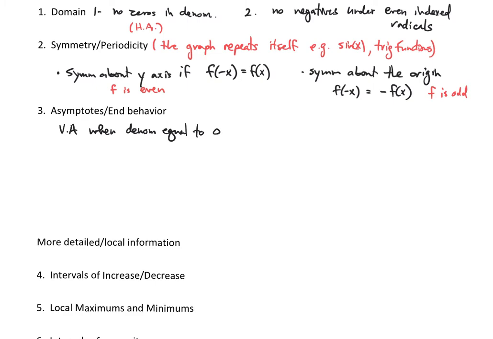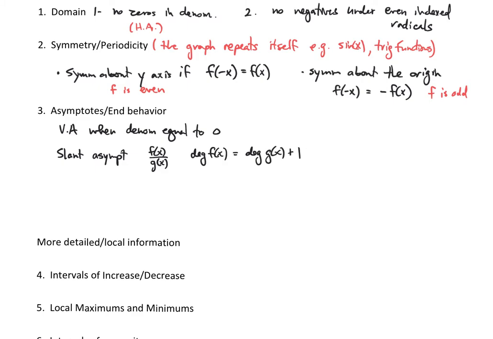And we're going to have a slant asymptote when your function is f of x over g of x, and the degree of f of x is equal to the degree of g of x plus 1.